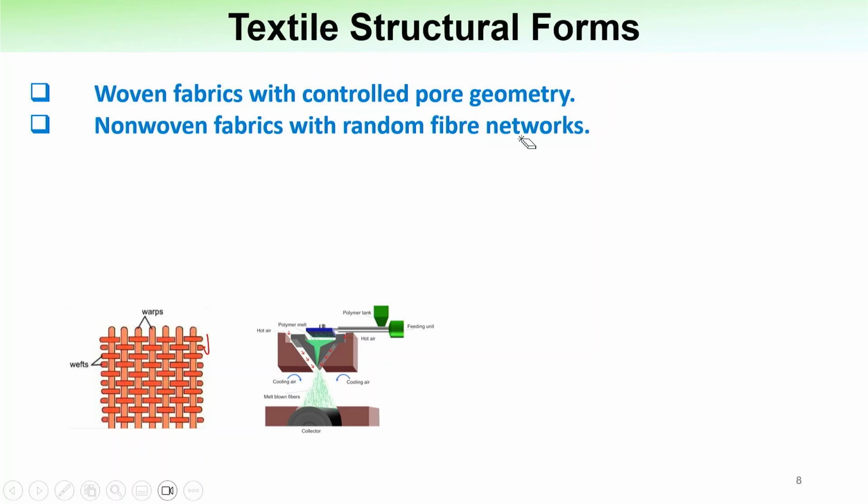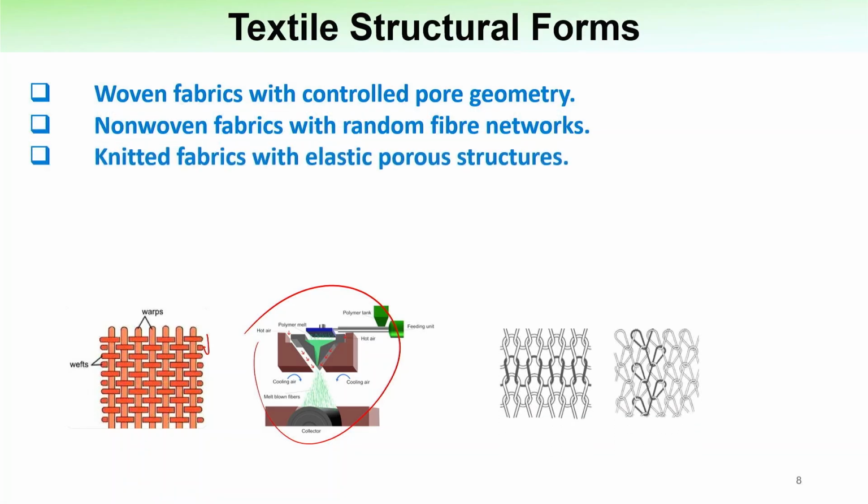And nonwoven fabrics with random networks, we can also use, and due to its random nature, particles can be captured at the surface as well as within the structure, that is depth filtration. So, here we can achieve very fine pore size.